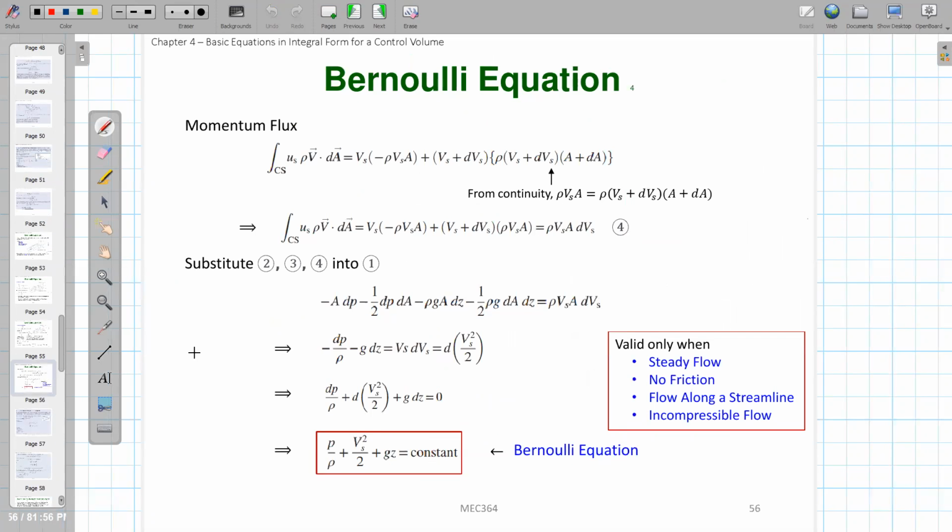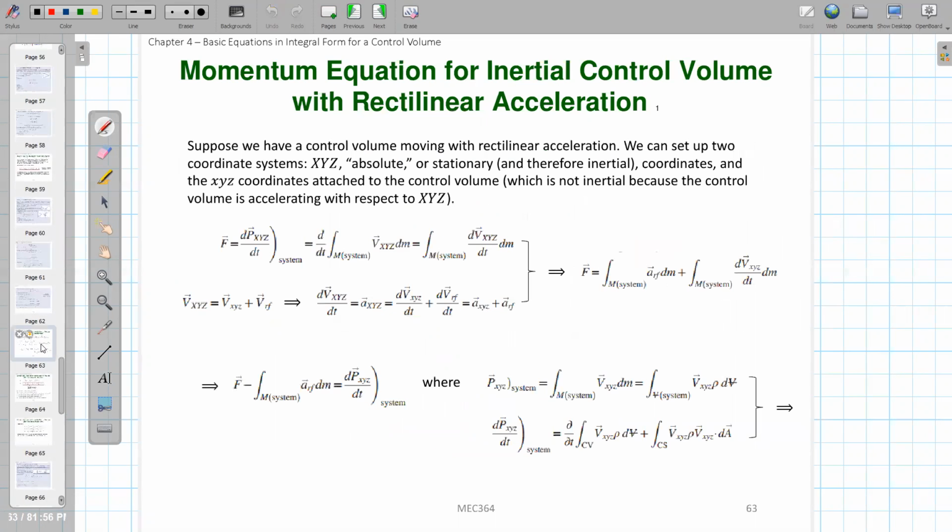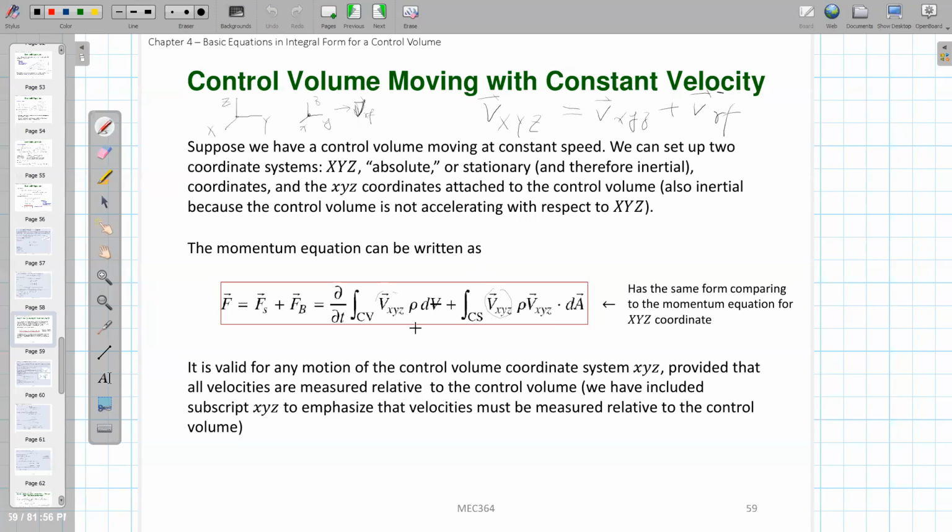What will the result be? If you calculate it out, that's why, if we move our reference frame from a stationary one to a new frame with constant velocity, it won't change the format of your momentum equation.